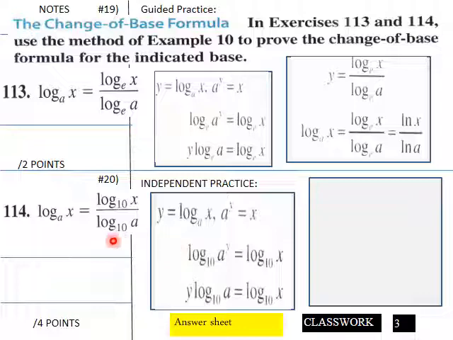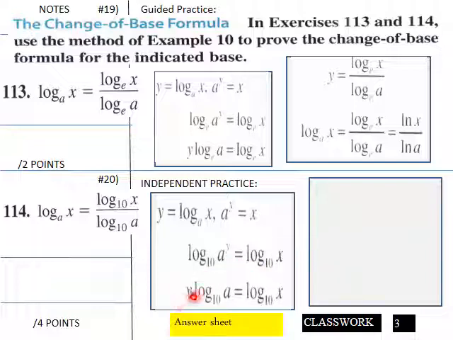And then down here, same thing: y equals log base a of x, so we make y equal to that. Then we have log base 10 of x over log base 10 of a. Then a to the y would equal x. So log base 10 of a to the y equals log base 10 of x.